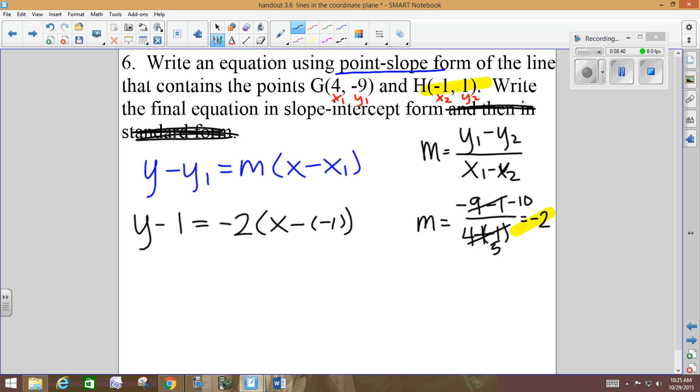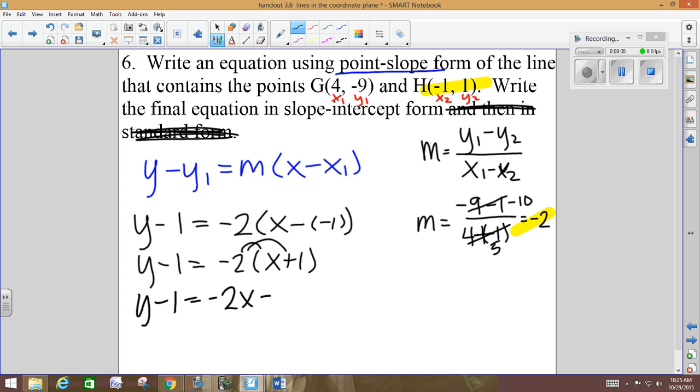Then we need to put this in slope-intercept form, which means I have to solve it for which variable? Y. We need to get Y by itself. Okay. And y minus 1 equals, well, this on the inside, what does that become? X plus 1? Then I have to distribute my negative 2 to get Y by itself.